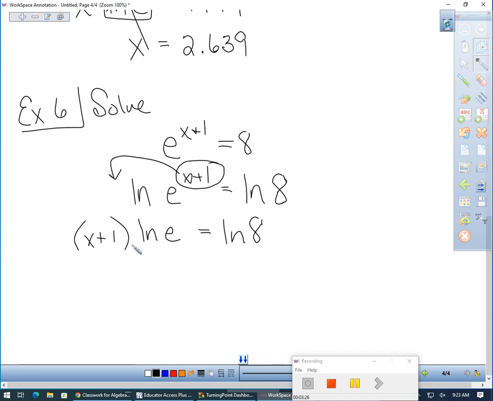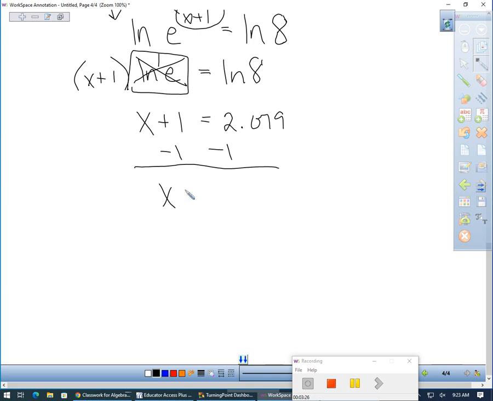The natural log of e, we've already discussed, is equal to 1. So on the left-hand side, I just have x plus 1. On the right-hand side, I get to grab my wonderful calculator and type in the natural log of 8, and I get 2.079. So then to solve for x, I subtract 1 from both sides.